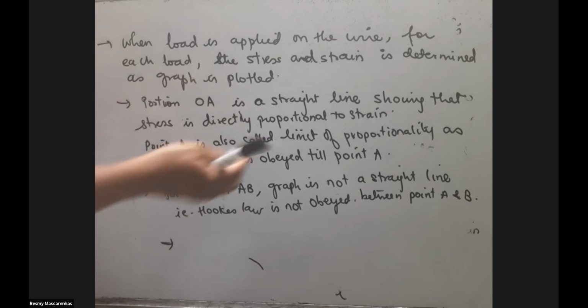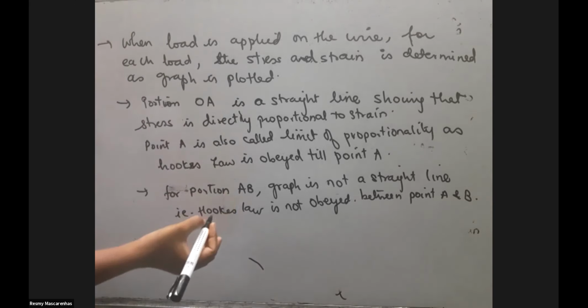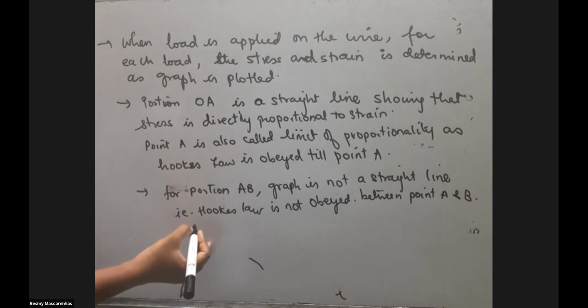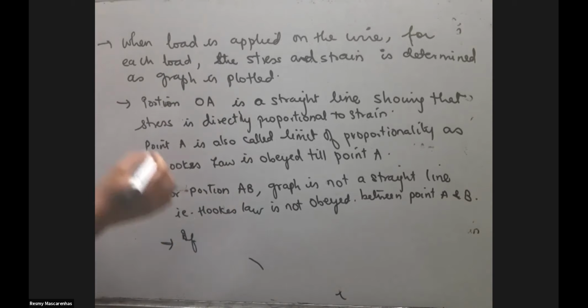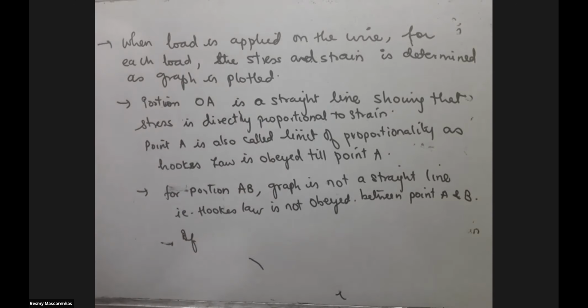Still, even after point B, if you keep on increasing the force of the load, what happens? Till point B, you can remove the load, it will come back to its original position.